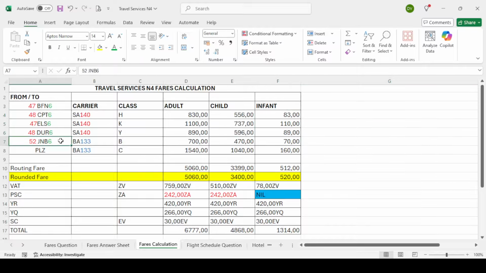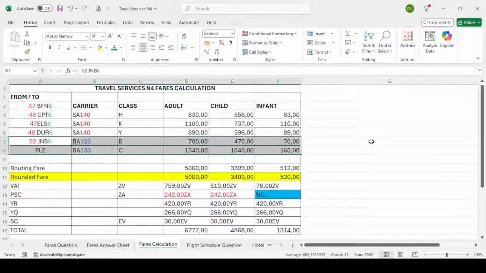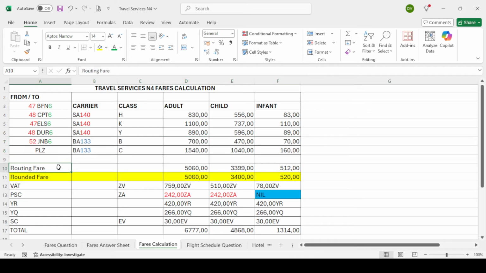For British Airways, you don't need to work out the fares. You just find it on your flight, on your fares handout, and you copy it for the adult, the child, and the infant as is. To get your routing fare, you add up all of the different fares for the adult, the child, and the infant. It gives you a total, or your routing fare.